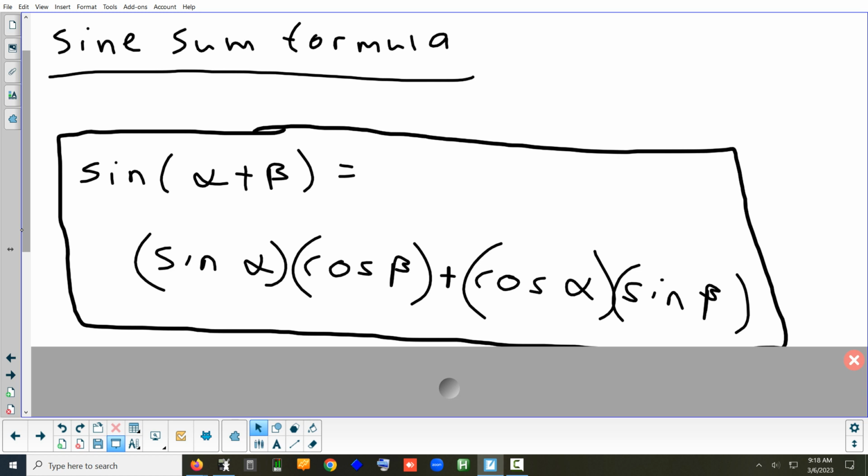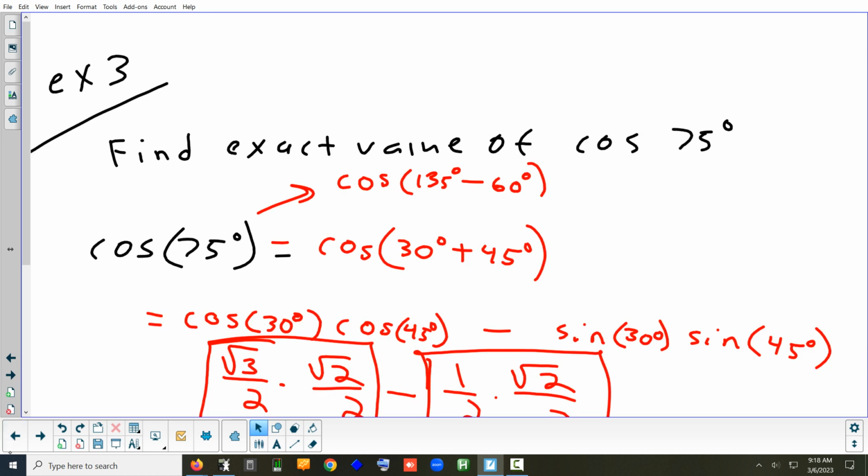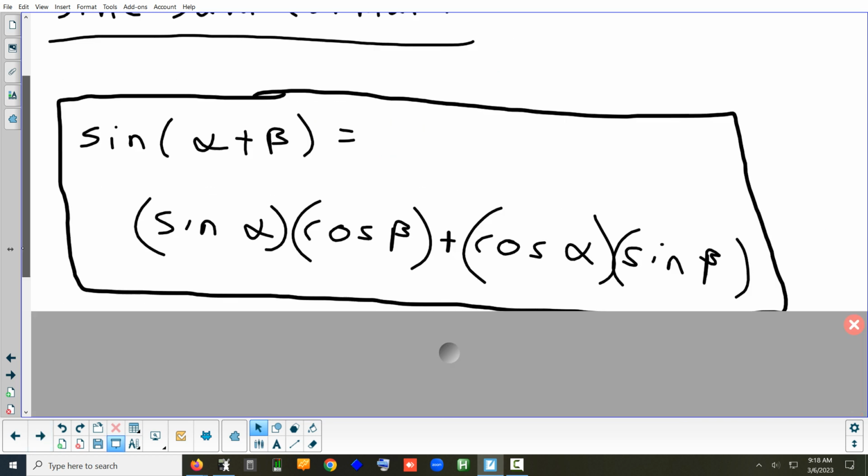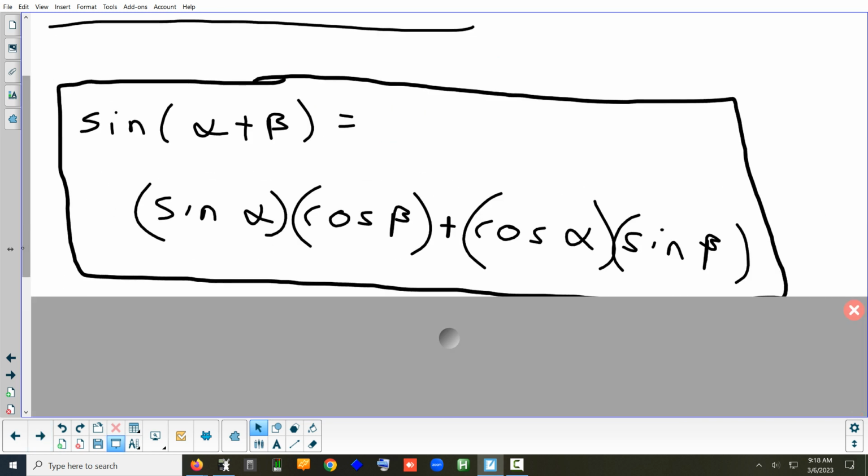Right. This is what I call mixed. The sines and cosines are mixed together, versus when we had a problem like this, where the cosines were grouped on one part and the sines were grouped on the last part. Now they're mixed.